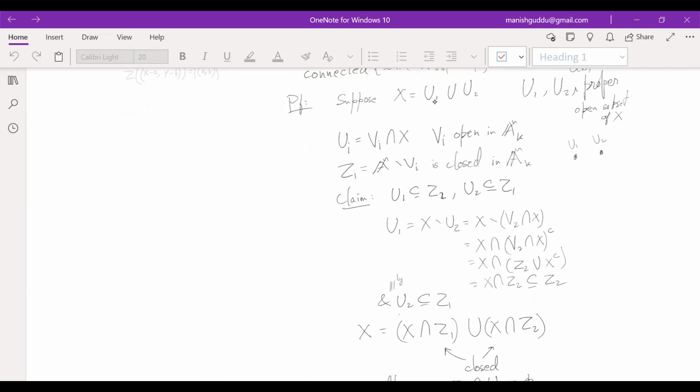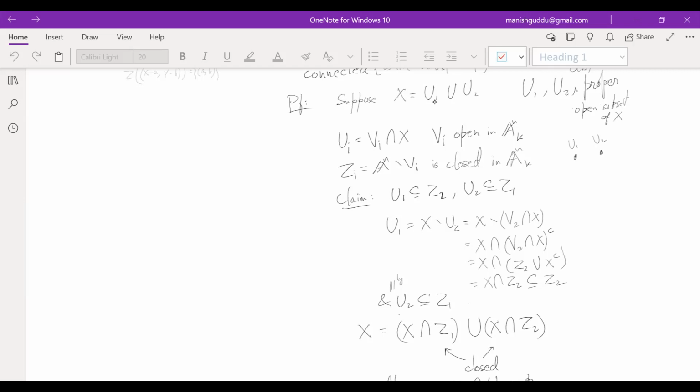U2, which is, I'm just doing some set theory. So X minus V2 intersection X, and that is the same as taking X intersection the complement of V2 intersection X. So if you draw pictures, it would be slightly easier, but anyway, taking the complement, you get V2 complement, which is Z2, V2 complement in A^n, and that is Z2, and union X complement.